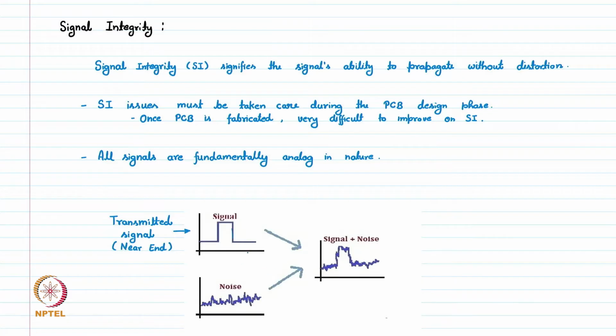However, when this signal is traveling on the trace, this trace has some coupling to a noise source, and this is the noise voltage with time. This noise voltage is coupled to the trace where the signal is traveling. So this signal will be subject to this noise, and the resultant at the far end will look something like this. So this is a very degraded signal.